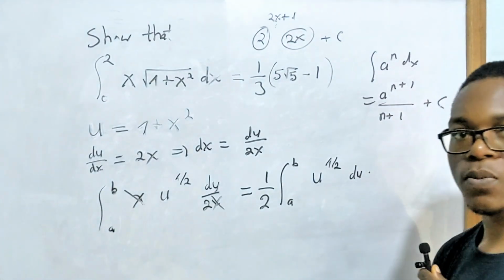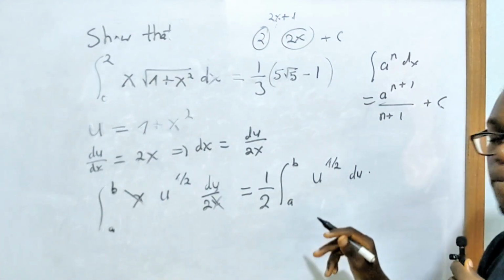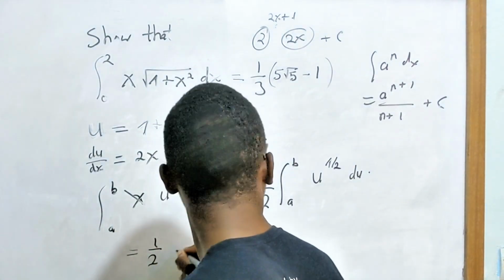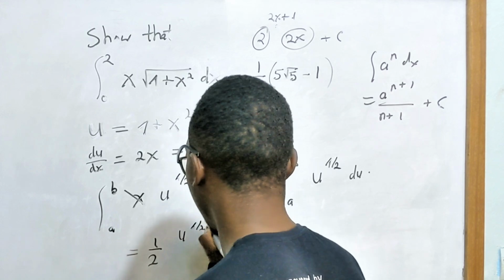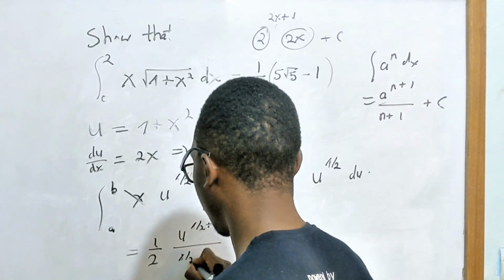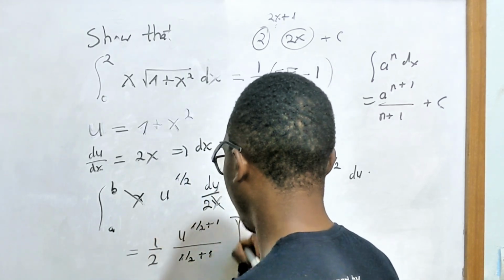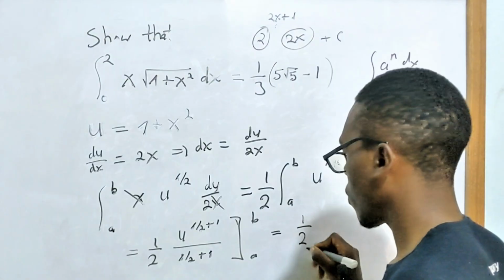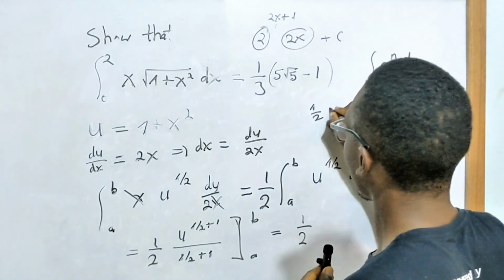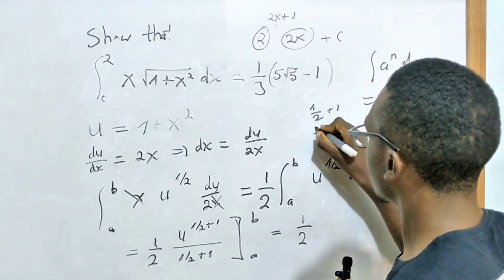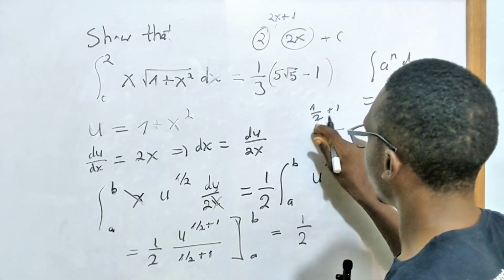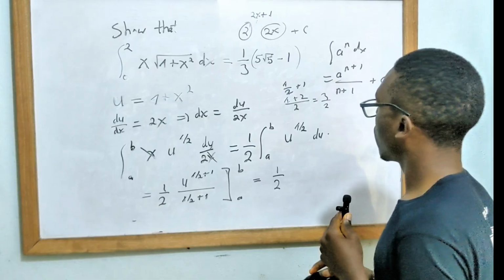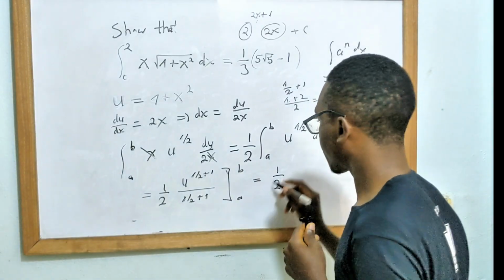At this point, we have this as our answer. We can integrate this to have half u to the power half plus 1 over half plus 1, with the range from a to b. Half plus 1 will be 3 on 2.